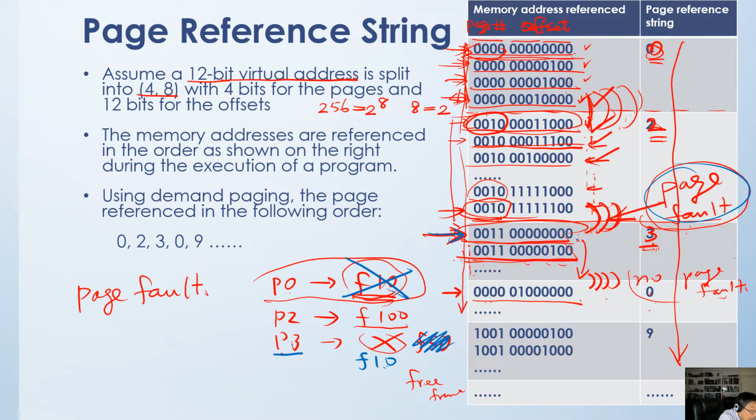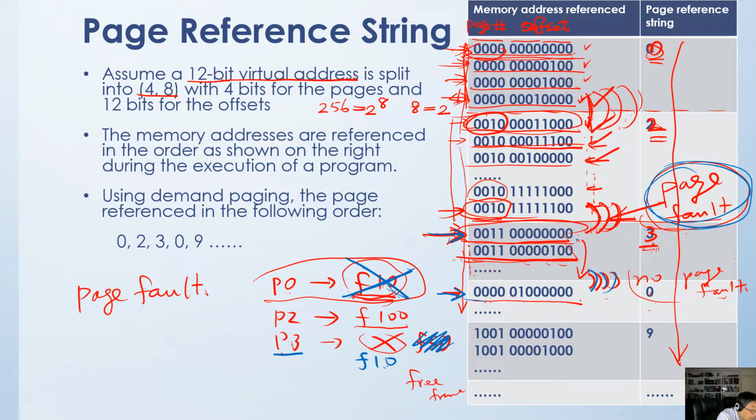That's really bad, because this page fault kicked page 0 out of frame number 10, and then this time we want to run an instruction located in page 0. Now we find out page 0 is not in the physical memory anymore. Once we kick it out, we change the present bit for page 0 back to 0, so it's not in the memory anymore.